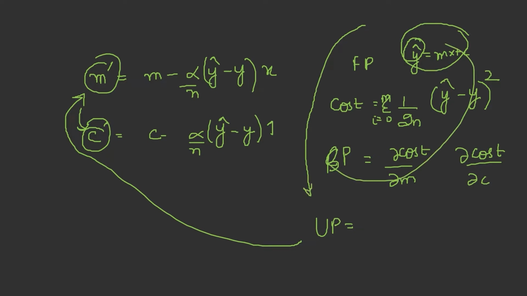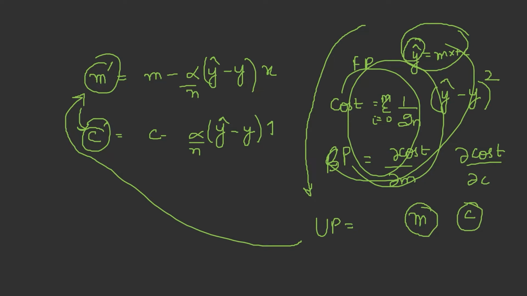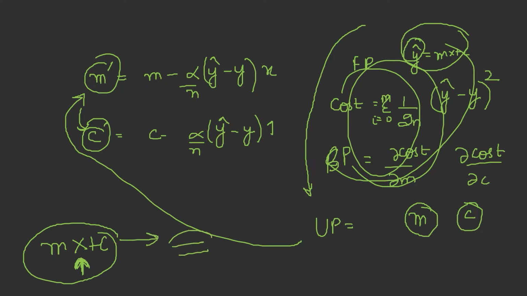These iterations will keep on running till the number of iterations where we find the most optimal values of m and c. And once we have found the most optimal values of m and c, our hypothesis mx plus c is ready, and we can feed in any values to our model and it will predict an output value for it. So this is how the linear regression model works. This was all the maths behind the linear regression model.